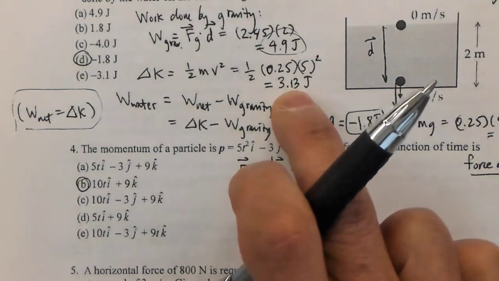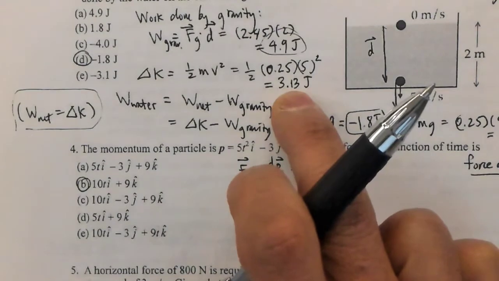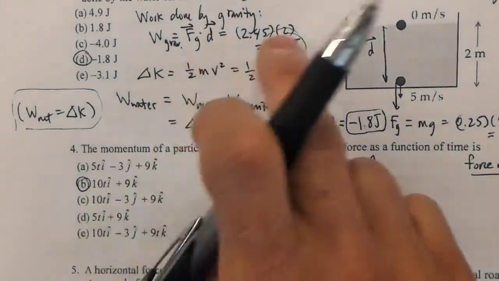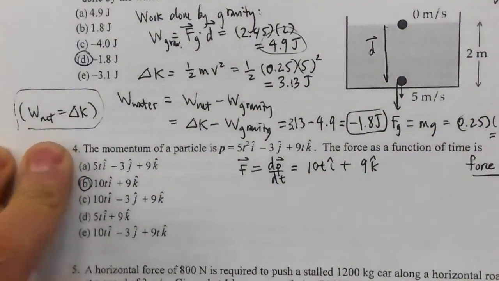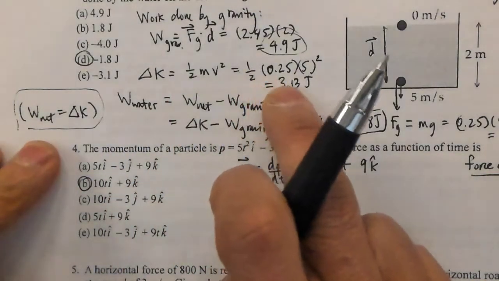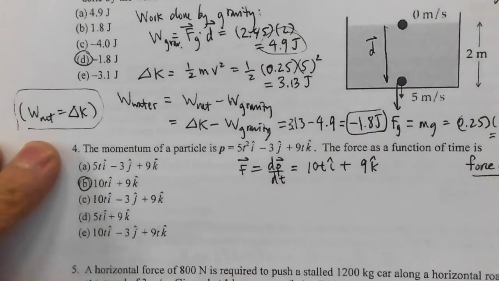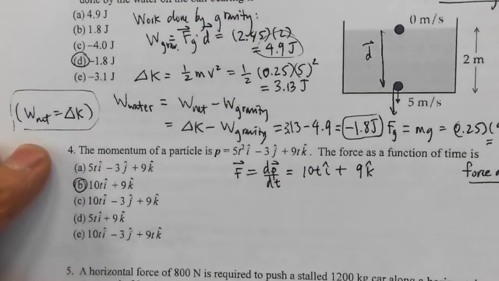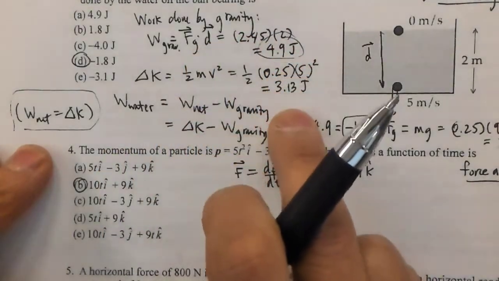The initial kinetic energy was 0, so that's why this is the change of the kinetic energy. Okay, any questions about any of these steps so far? You could imagine a question, what is the change of the kinetic energy? What is the work done by gravity? That could be another question in a different version of the problem. Okay, so that's how you would calculate these things.